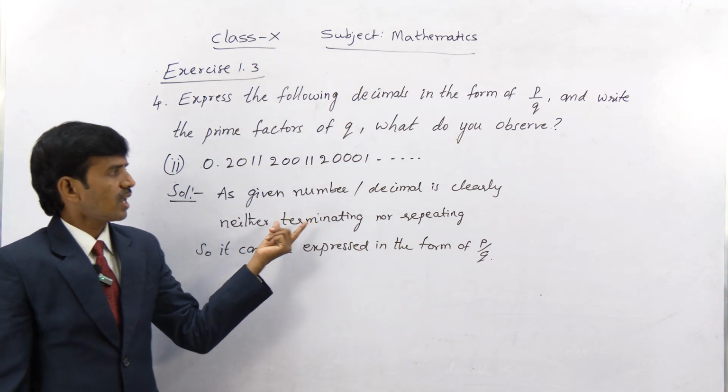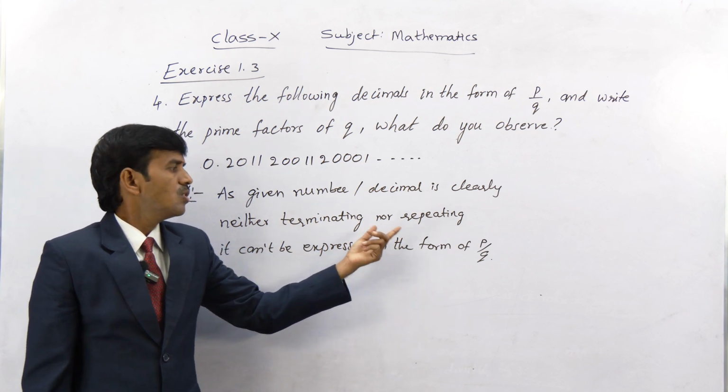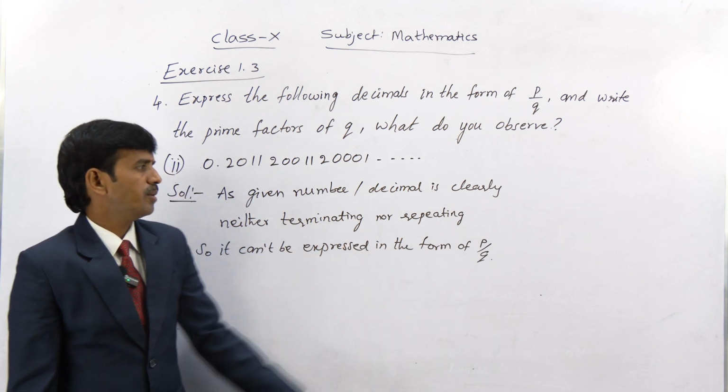As the given number is neither terminating nor repeating, we cannot express it in the form of P by Q here.